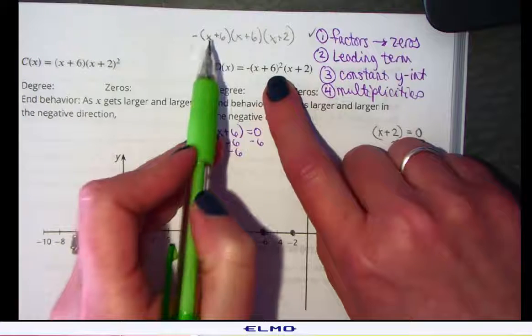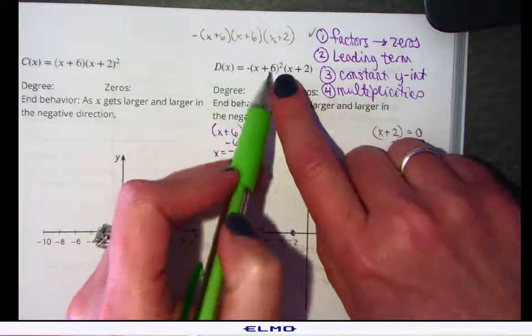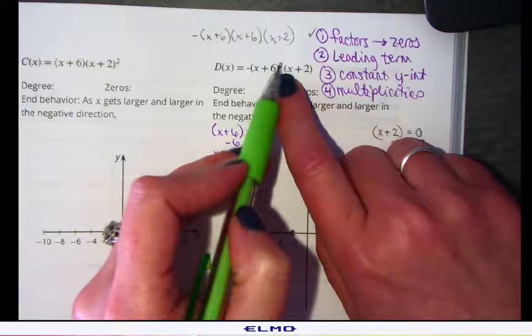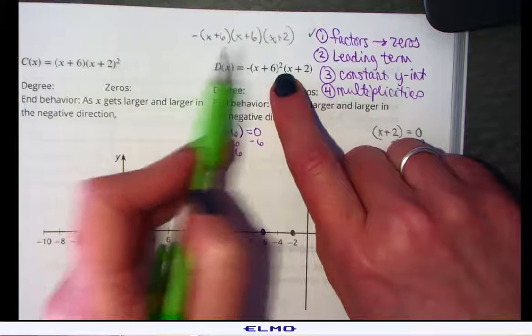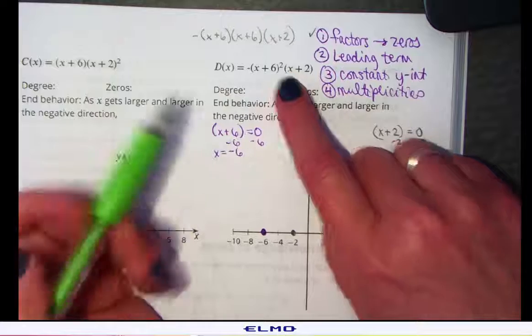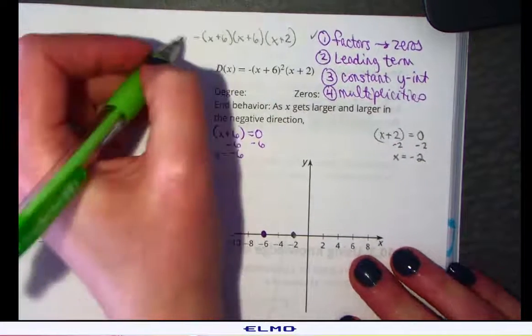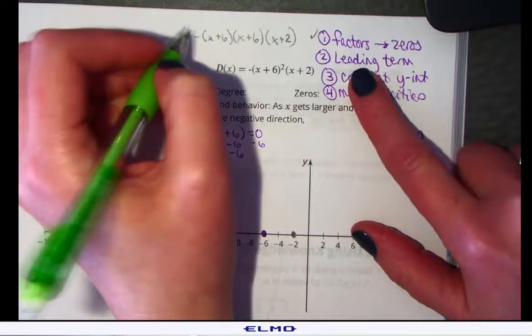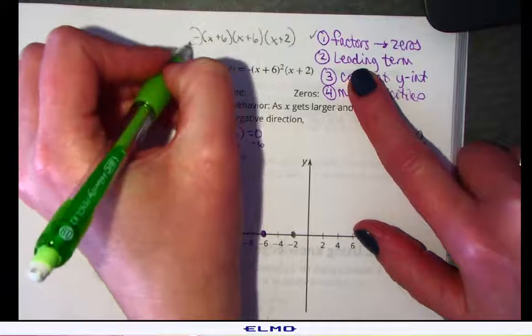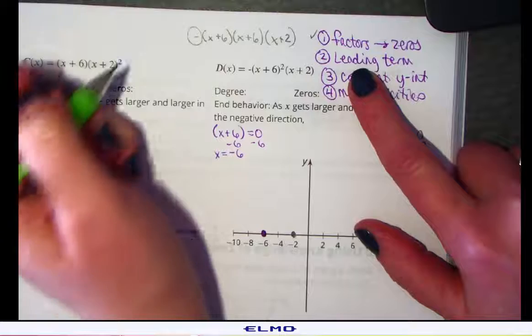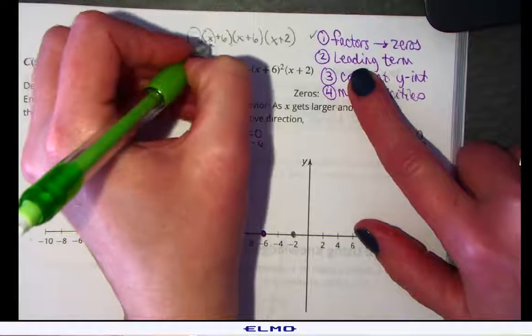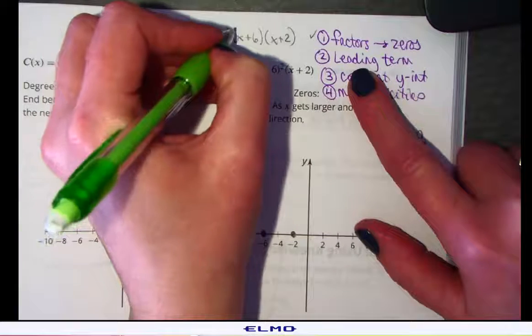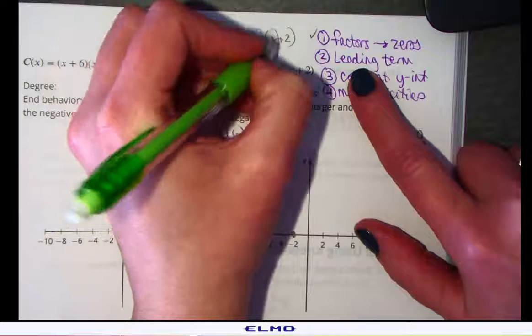This degree of 2, this exponent, is telling me this factor happens twice. So when I look at all the things that are multiplying that would lead to my leading term, I have a negative out in front, an x, an x, and an x.